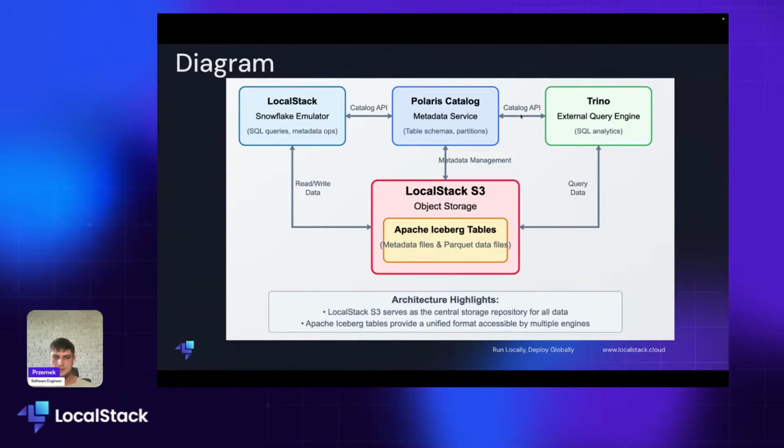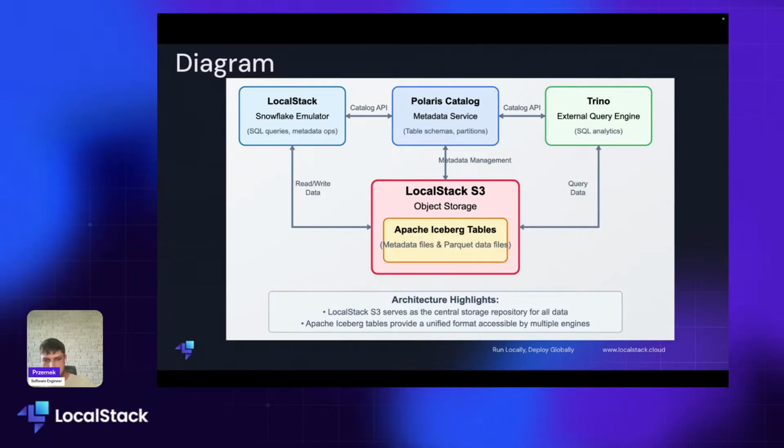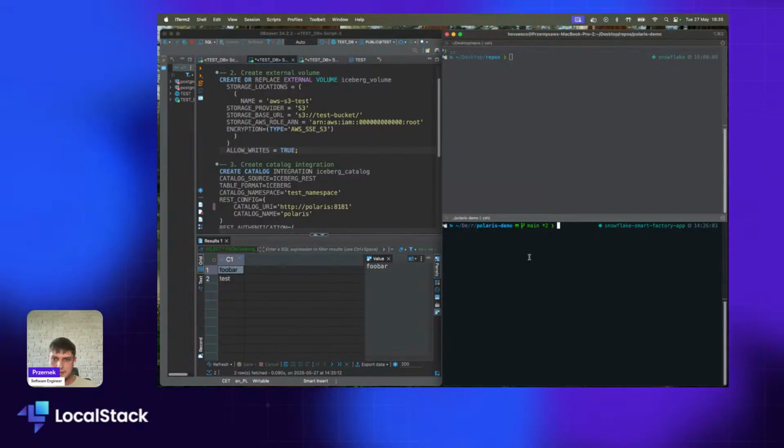Same for Trino, and LocalStack and Trino will talk to the LocalStack S3 local object storage bucket to read and write data. And Polaris catalog will handle the metadata management between the bucket and the catalog. So yeah, I think that's all for slides. So let's kick off the demo.